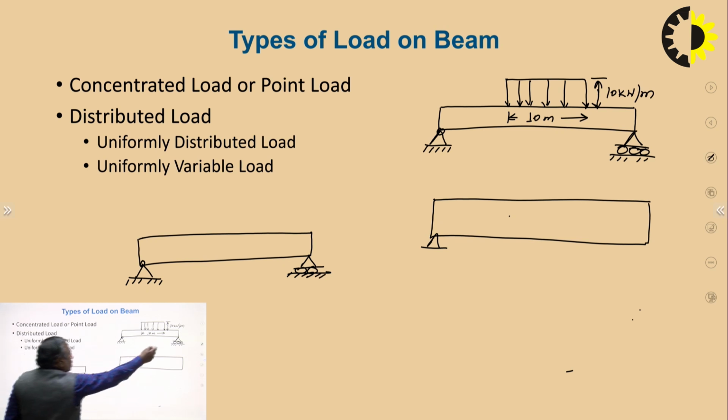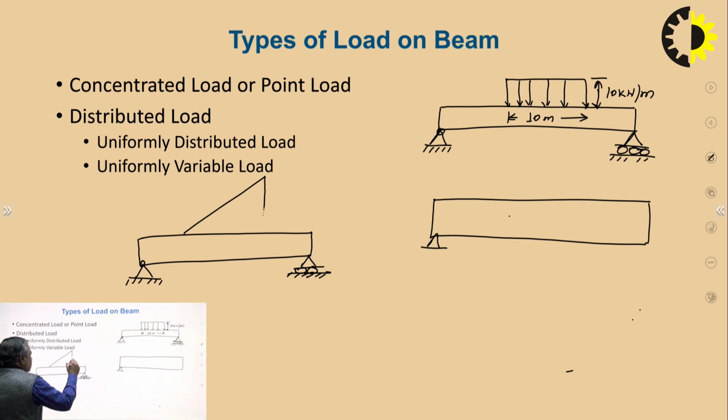We can keep simple rollers there also. This is UVL. From 0 to maximum value, it varies linearly. This is 10 kilonewton per meter and it is 9. So this is A, B, C and D.